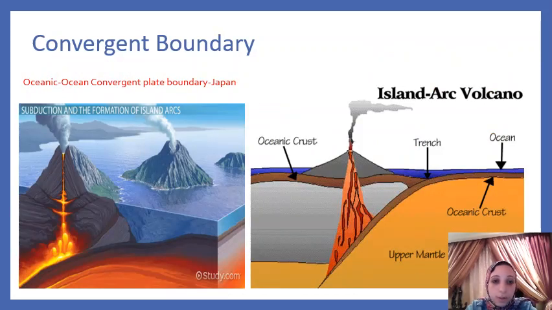The third convergent boundary example, which is very famous in Japan, happens in the ocean because an ocean crust meets another ocean crust, causing island formation and very strong volcanic eruptions.